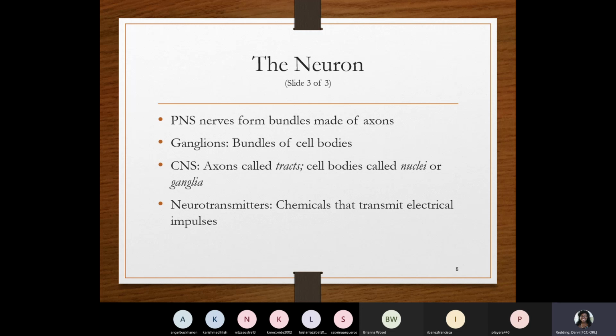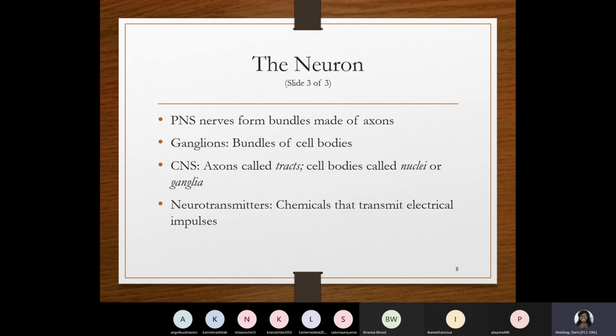Now, inside of the neuron, you also have what's called neurotransmitters, and these are chemicals that transmit electrical impulses. So what's a neurotransmitter, you might be thinking? Neurotransmitters are chemicals that are located in and released by the neurons. They work by providing impulses emitted and sent from one nerve cell to another.